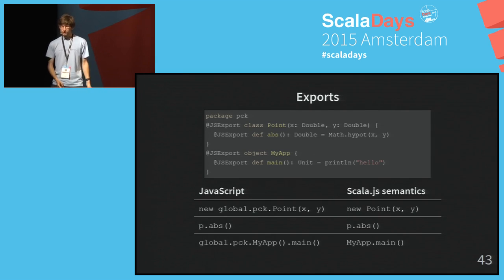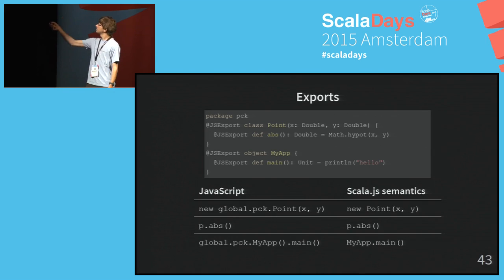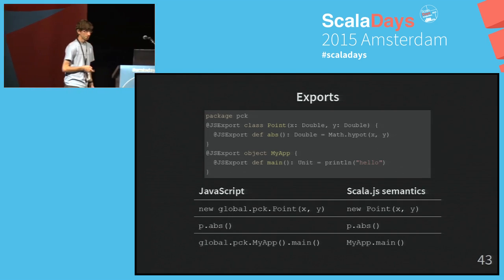So if you export Point, it will take the fully qualified name of Point and put that in the global object, and that means you have this Scala.js semantics. And the same works for pretty much everything.